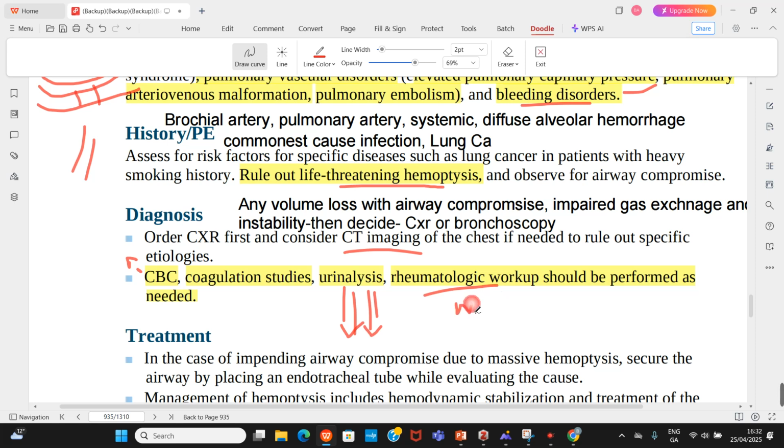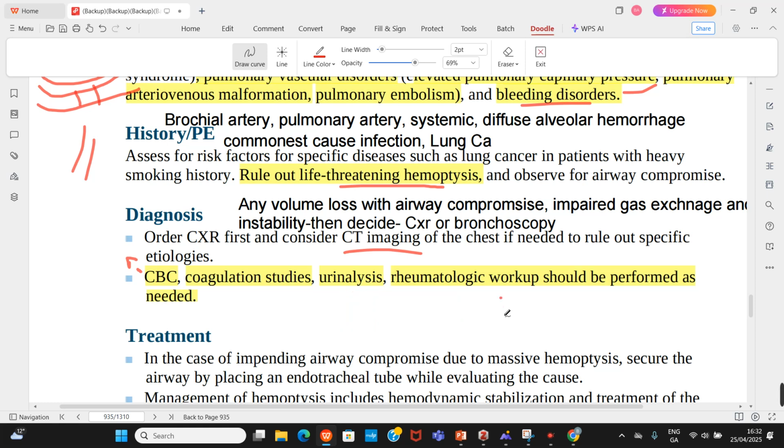So if we are trying to rule out Wegener's, what rheumatologic workup are we going to do? Most people think of the P-ANCA, that's the one we always say.